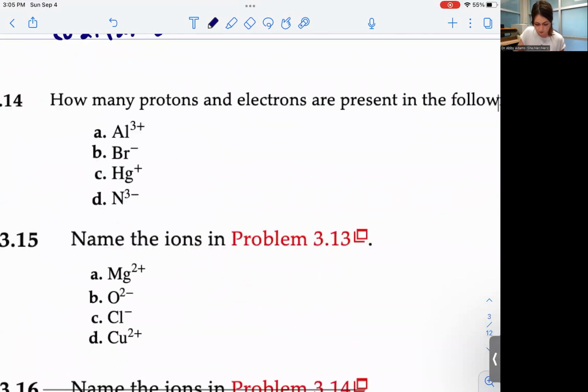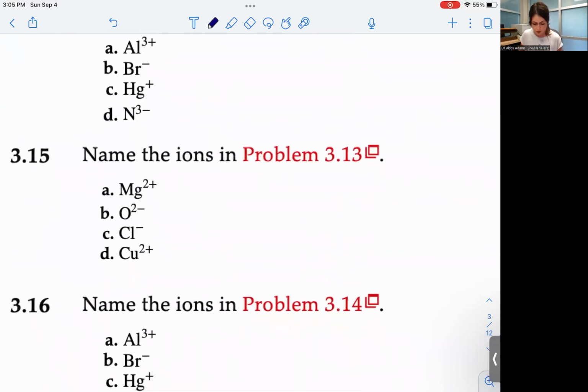So let's move along. 3.15. Name the ions in problem 3.13. They listed them again. Magnesium. How are we going to write out this magnesium ion? You have to pay attention to metals and nonmetals.